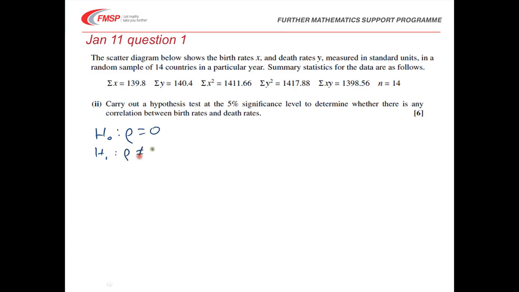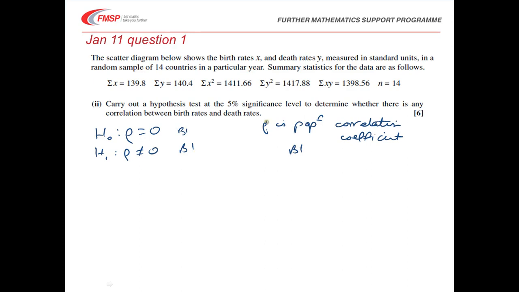Not equal to 0 means that we have a correlation, and that's what we're looking for. And you need to tell me what rho is. So rho is the population correlation coefficient. So you get 3 marks just for writing that. Okay, B1, B1, B1. And it's 5%, and we're looking at 2-tailed here.